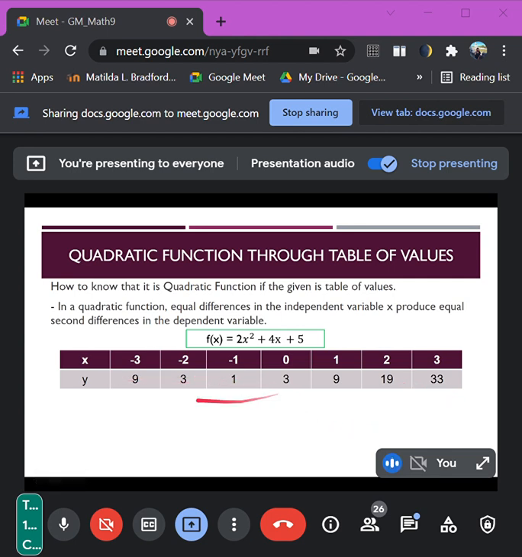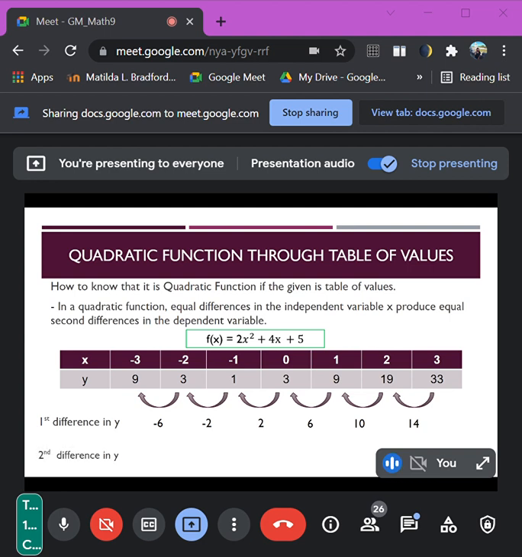Substituting negative 3, the result is 9. Now find the first differences: 3 minus 9 is negative 6. 1 minus 3 is negative 2. 3 minus 1 is 2. 9 minus 3 is 6. 19 minus 9 is 10. And 33 minus 19 is 14.